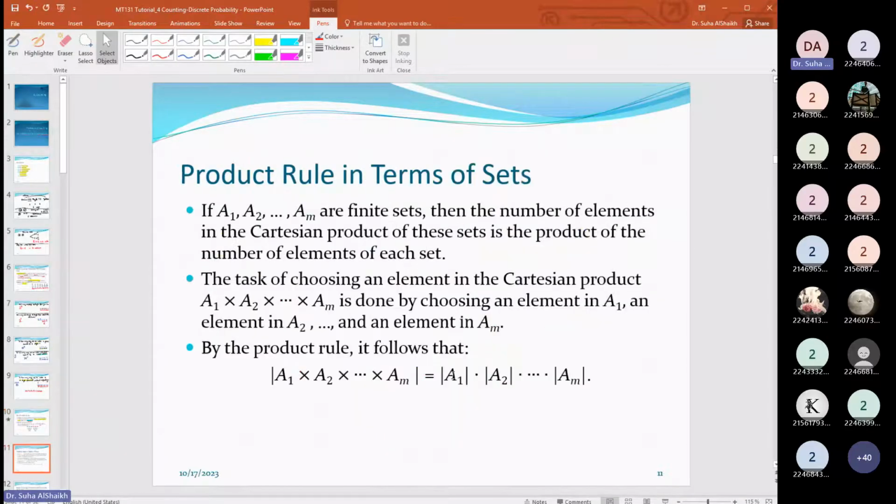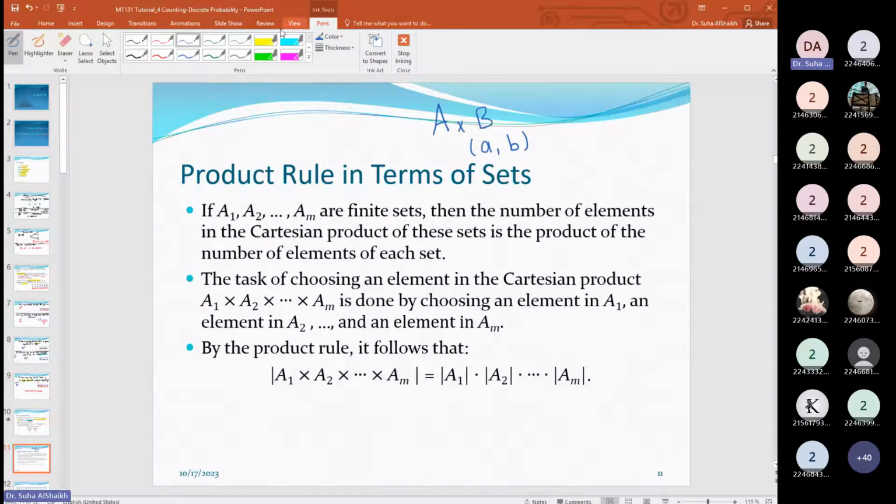Now, the product rule is actually explaining what we had before on sets. Remember when we talked about the Cartesian product of sets? What does it mean when I make the Cartesian product of 2 sets A and B? It means I'm making a pair (a, b) where a is from A and b is from B. You remember that?